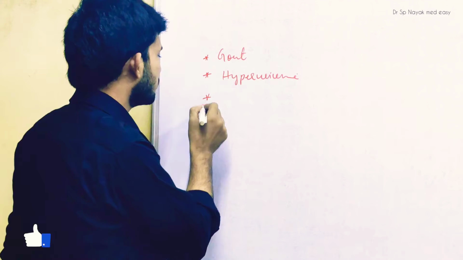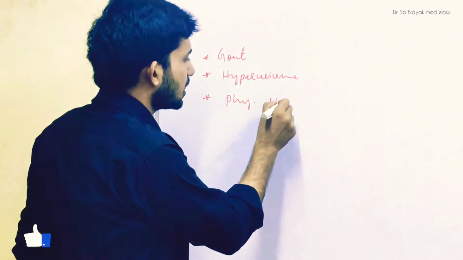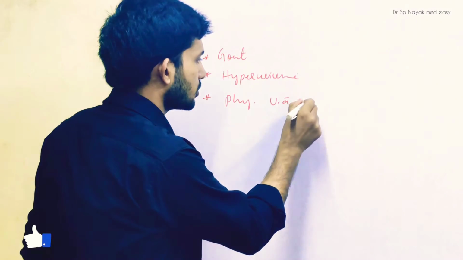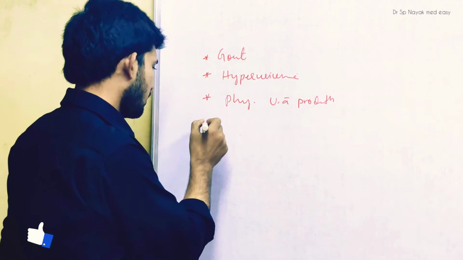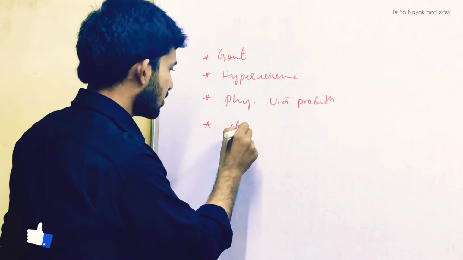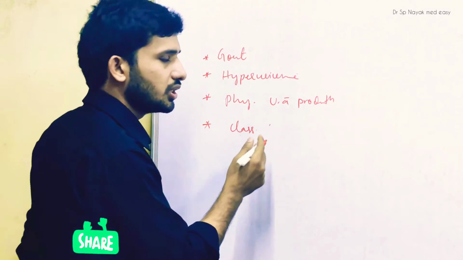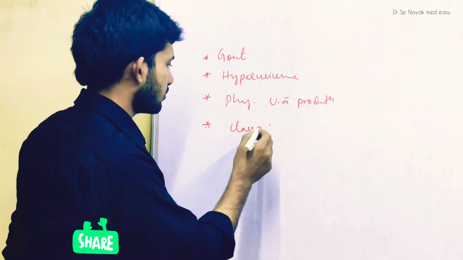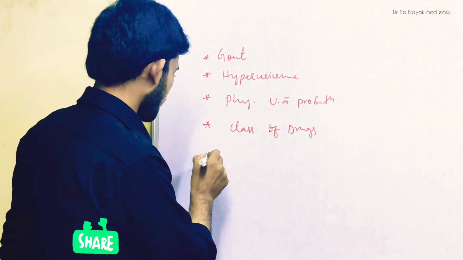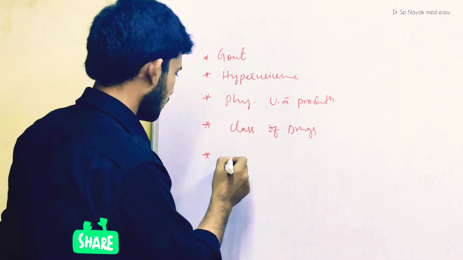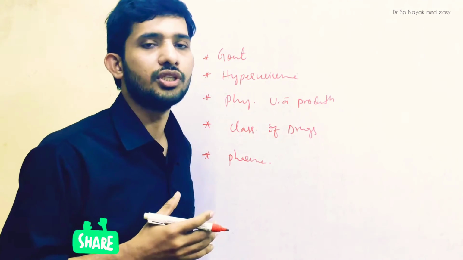Next we will discuss the physiology of uric acid production, and finally we'll see the classification of anti-gout drugs, or the drugs used in gouty arthritis, and then the pharmacology of different drugs used in gout.